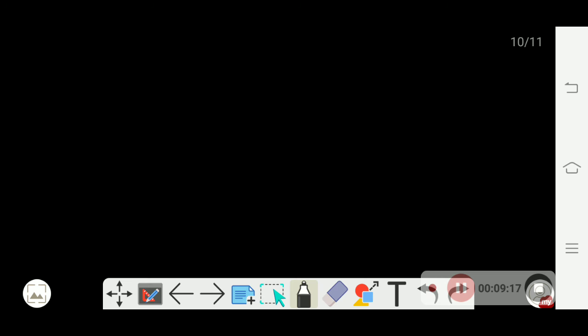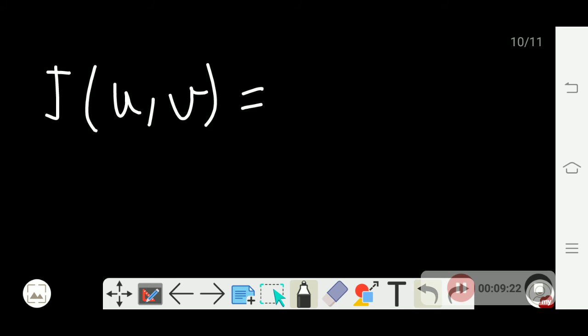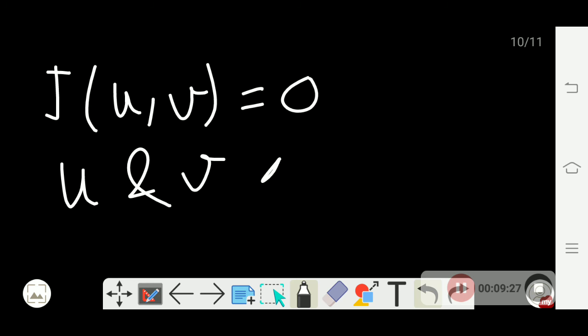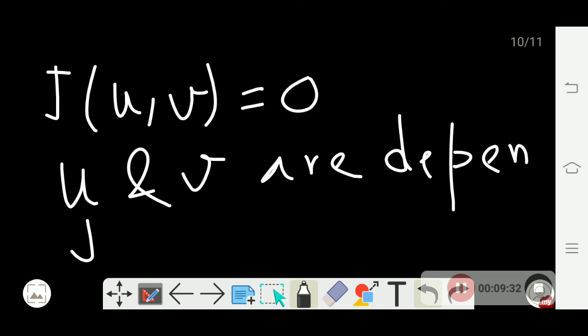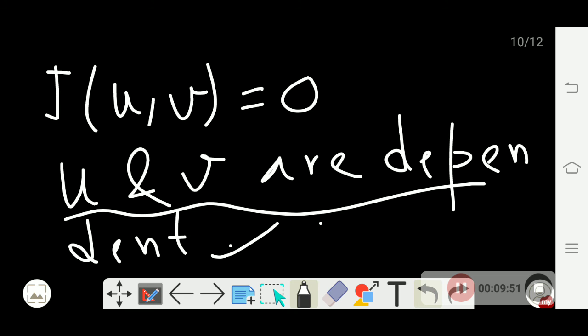Okay, so if the Jacobian of u, v is equal to 0, then u and v are dependent. Is it clear? If by writing that determinant you find that the Jacobian of u and v is 0, then we say that u and v are dependent on each other.